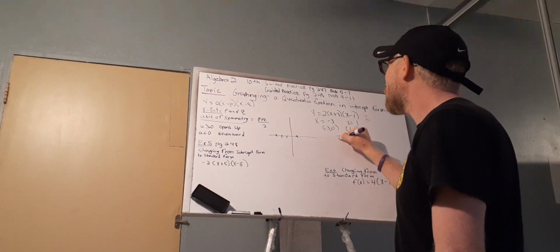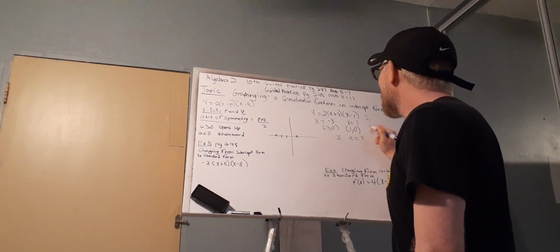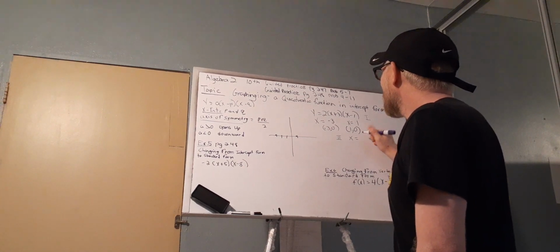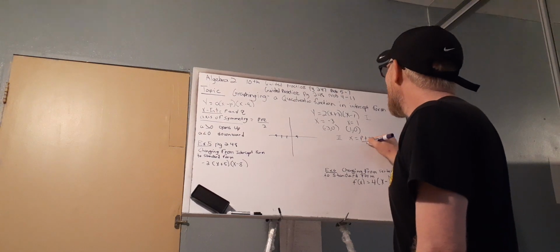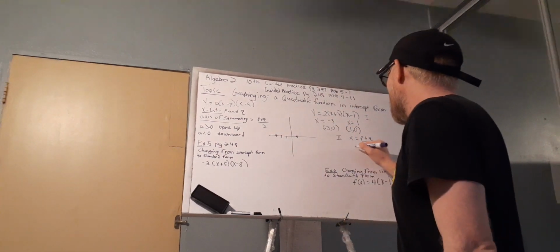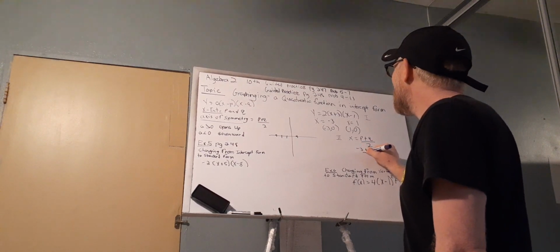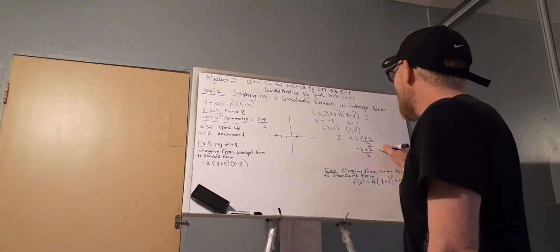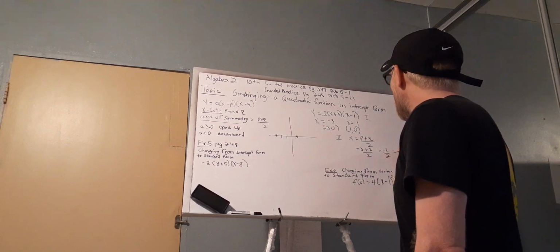Step 2 is to find the axis of symmetry by adding p plus q over 2. In this case, negative 3 plus 1 divided by 2. Negative 3 plus 1 is negative 2, and negative 2 over 2 is negative 1.